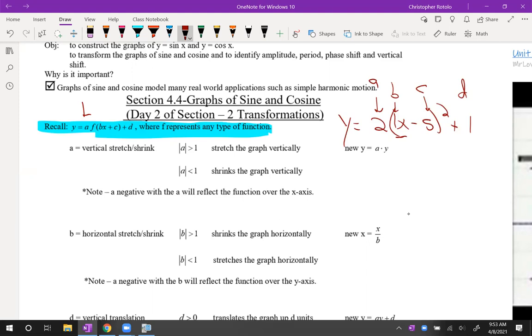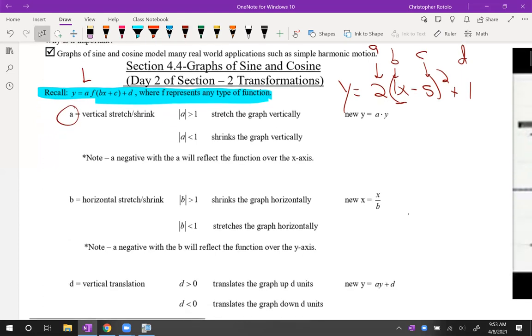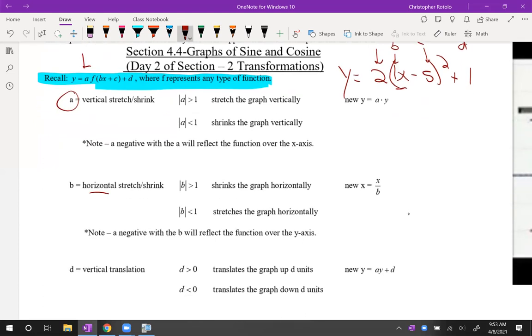So we have vertical stretch and compression out of that first one, horizontal stretch and compression out of the second one, movement left and right, remember, this one's opposite on the inside, and then up and down. That A value, vertical shrink or stretch. Remember, anything inside, these items are always backwards.